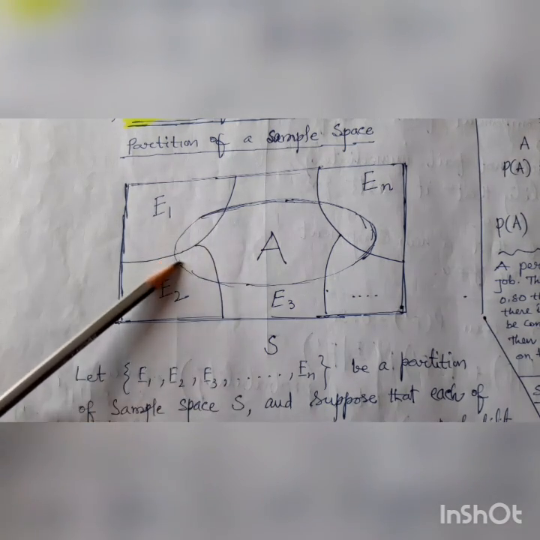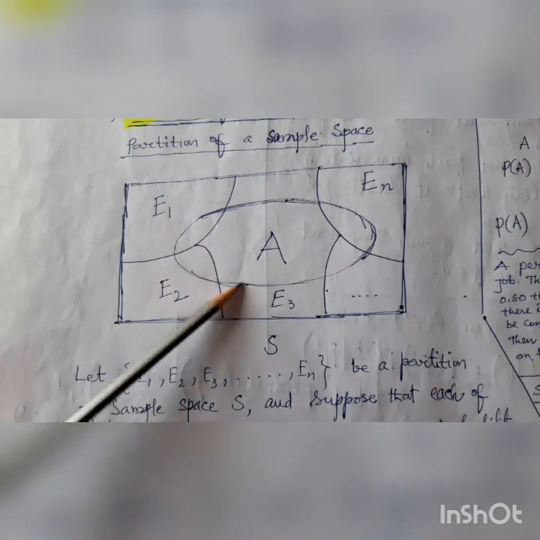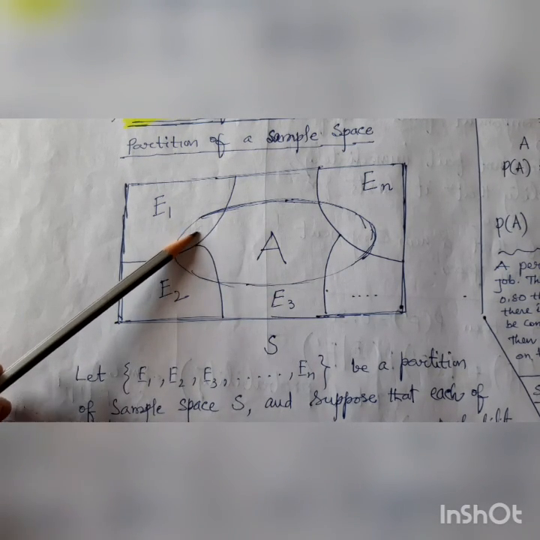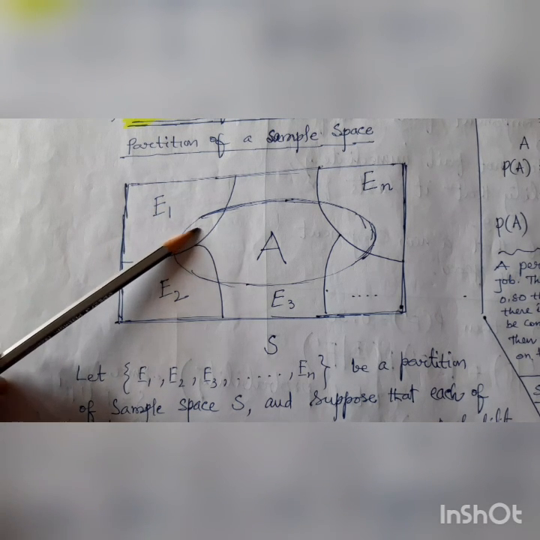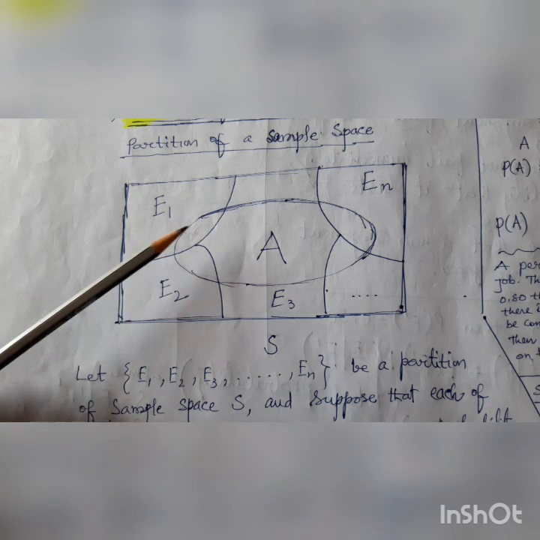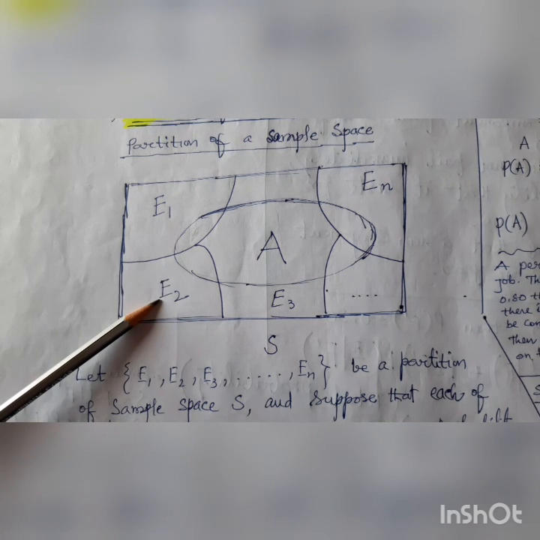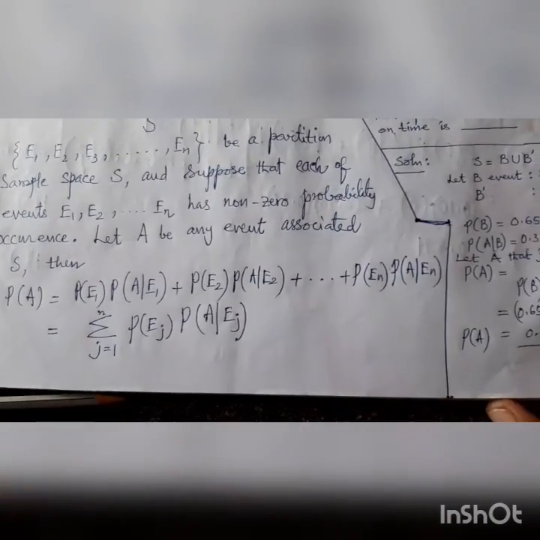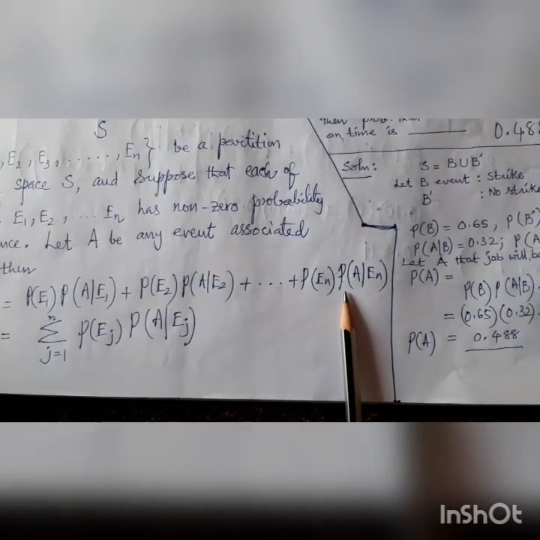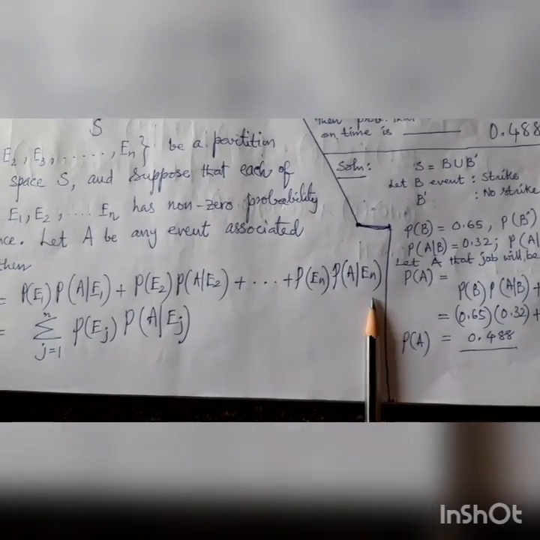plus P of E2 into P of A on E2, like that, so on P of En, P of A on En.